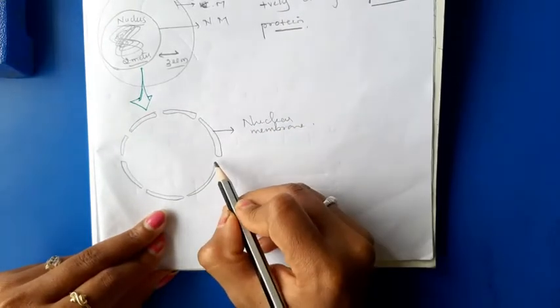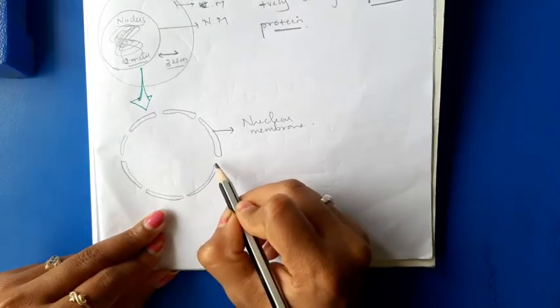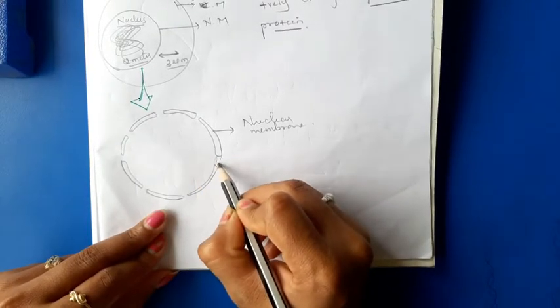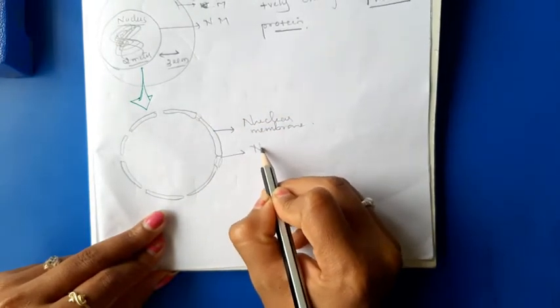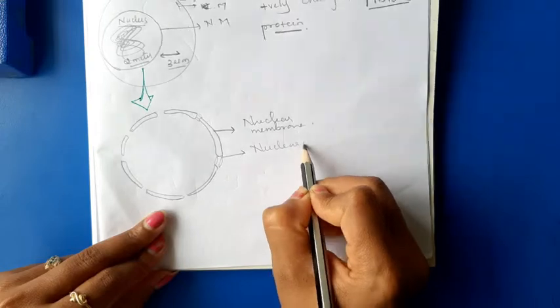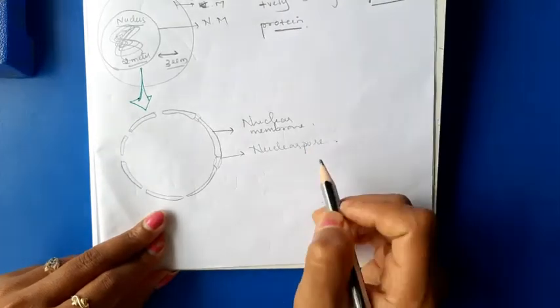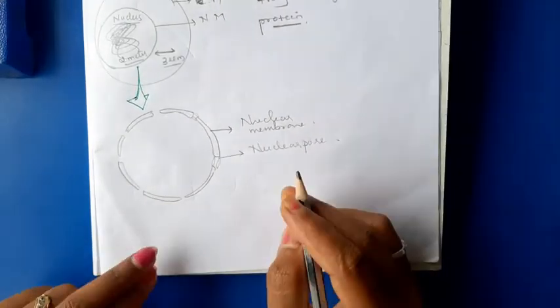The nuclear membrane is not continuous, it has some openings known as nuclear pores. Inside the nucleus, the chromatin material is present.